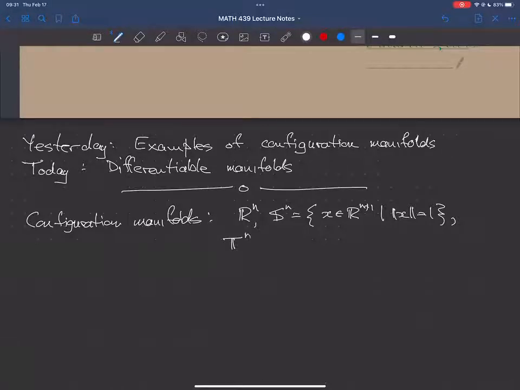That thing has a name. So this is an n-dimensional sphere, and this is an n-dimensional torus. Okay, and it's simply a product of n copies of circles.